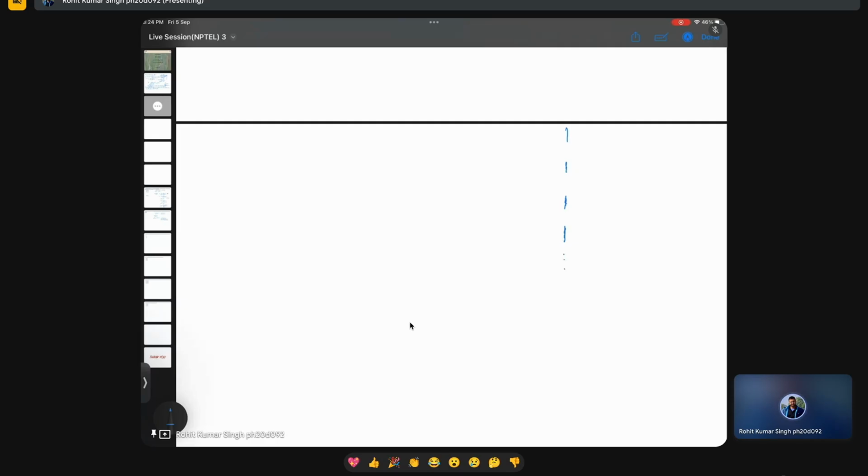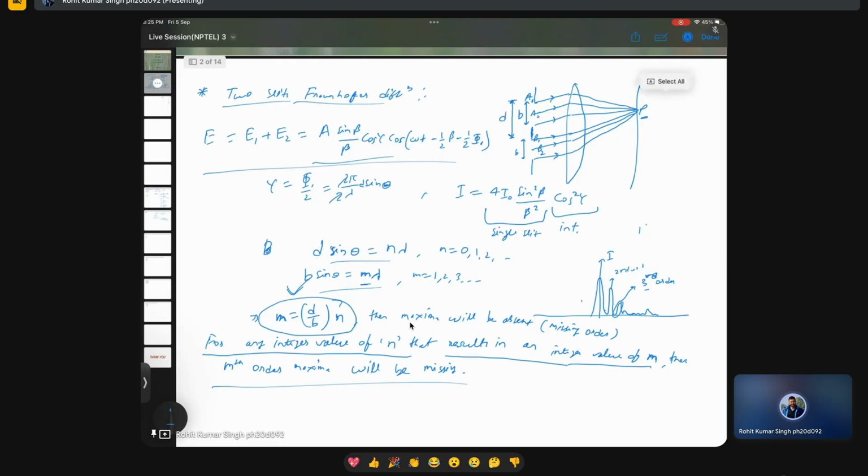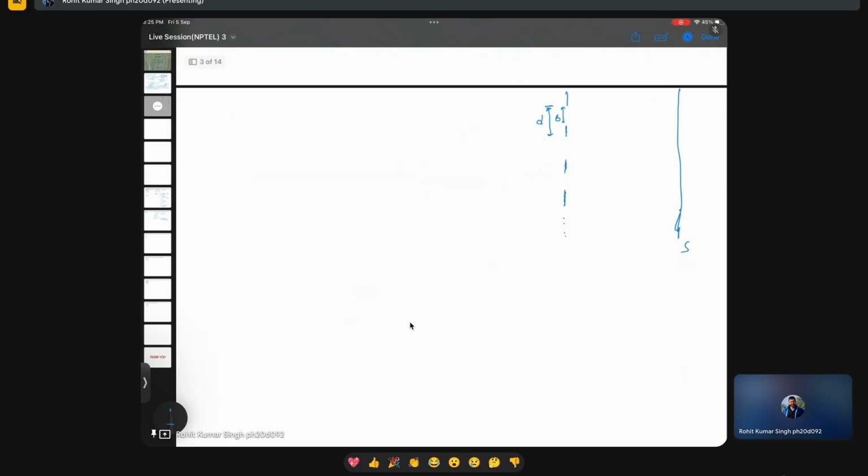And there is your screen. We will assume the adjacent separation between the slits is D as always, and each slit width is again B, so everything is the same. It is just a generalization of this one, instead of 2 you have n slits.